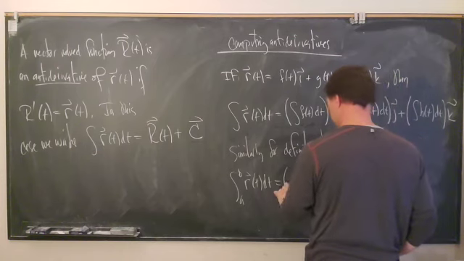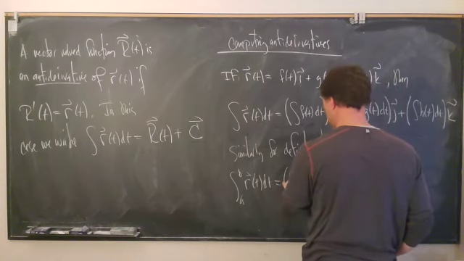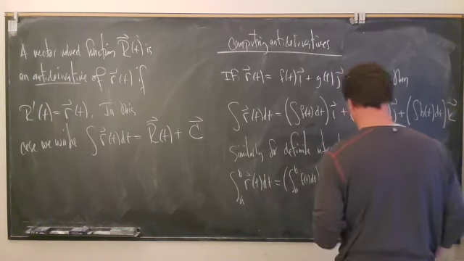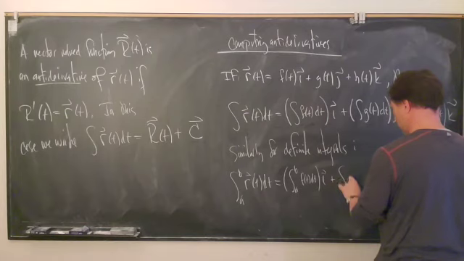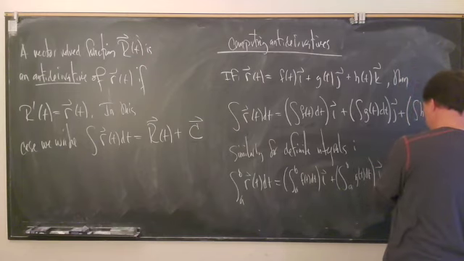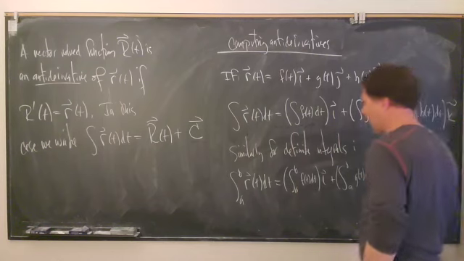So it'll be integral from a to b f of t dt times i plus integral from a to b g of t dt times j plus integral a to b h of t dt times the vector k.